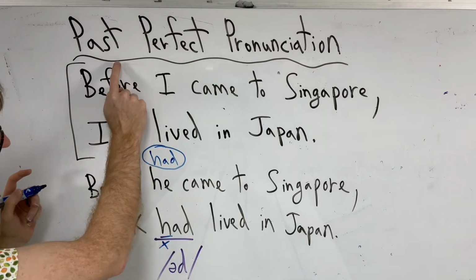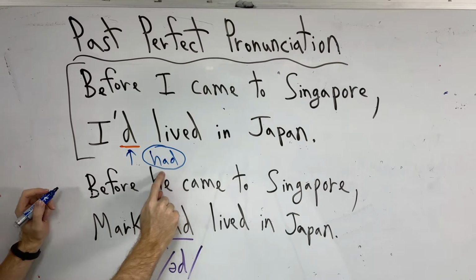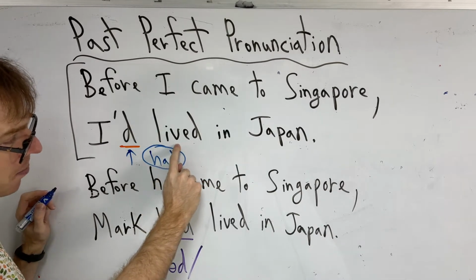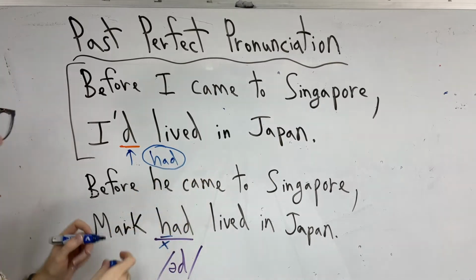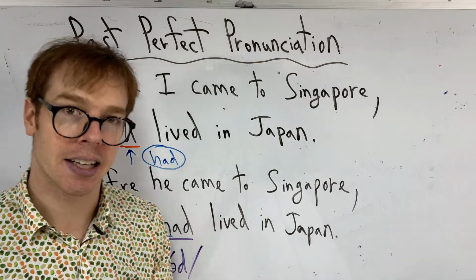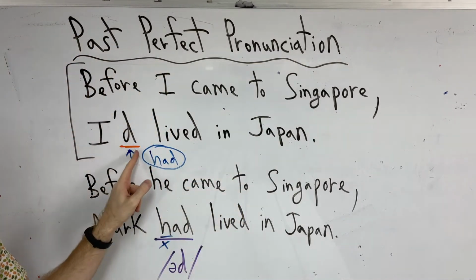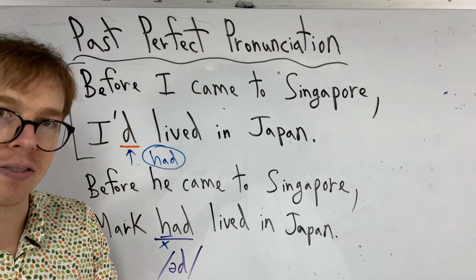So if you've studied the past perfect, you know we need to use had and a past participle. In class, I say PP. Had plus a PP, right? This one, very fast. We say had lived, I'd lived. Had PP, I'd lived. So be very careful. Listen for the D. I lived, I'd lived.